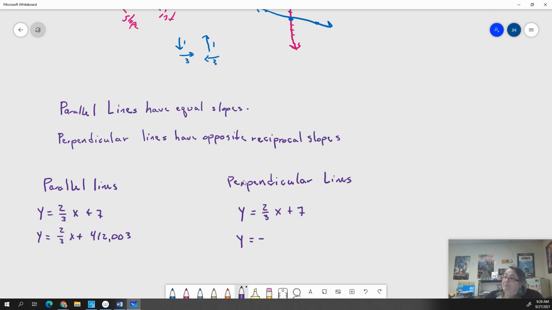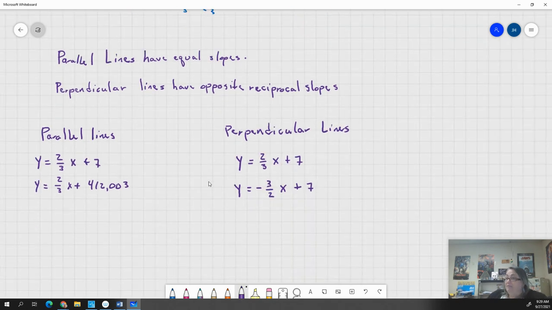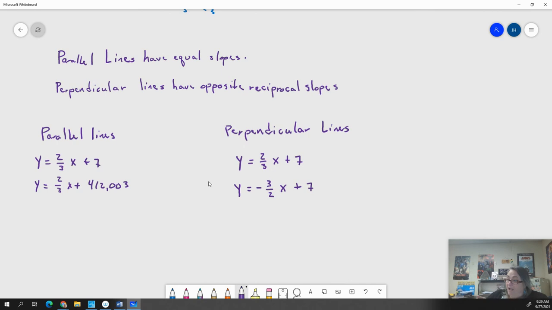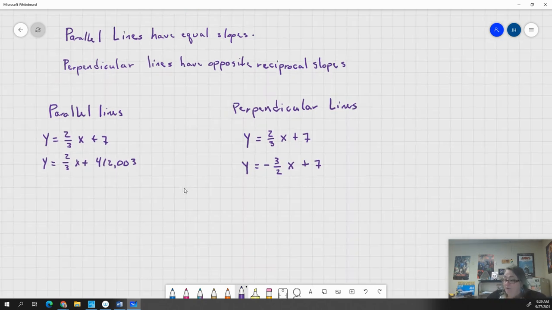And I'm going to flip the fraction. And it can be plus anything. We can call it plus 7, but it could be plus anything, right? As long as their slopes are opposite and reciprocal, right? So opposite sign, flipped fraction, those lines will be perpendicular.